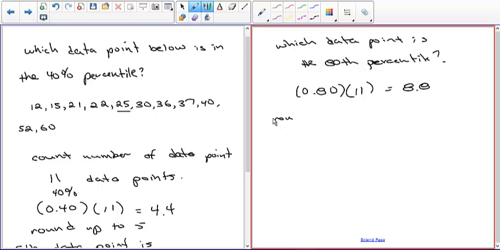So you round up to 9. So what we can say is the 80th percentile is the 9th data point.